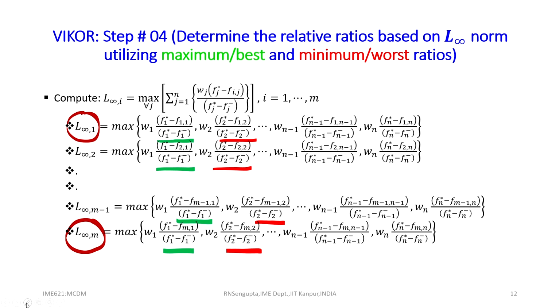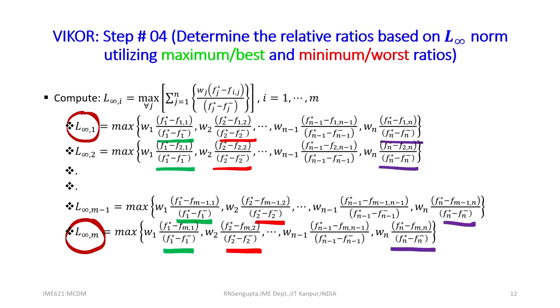Similarly, if I go to the nth one, I am using the violet one, this is for the last one. The numerator remains the same, again the difference between the maximum and that value, and they are also being multiplied by the weights. Weights I will highlight using the light blue color.